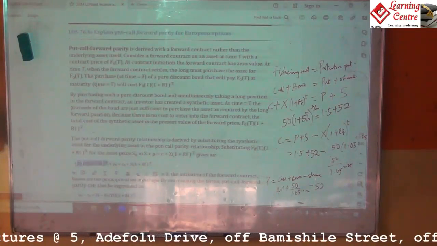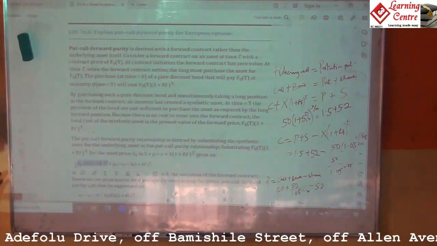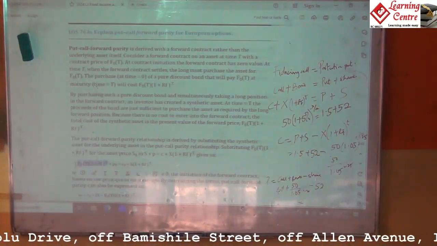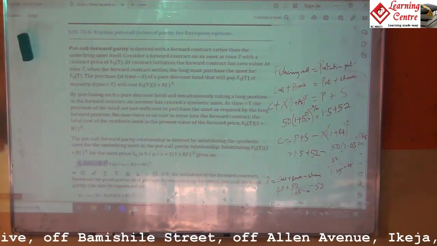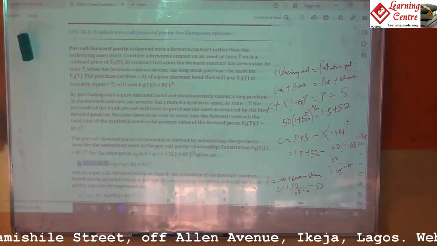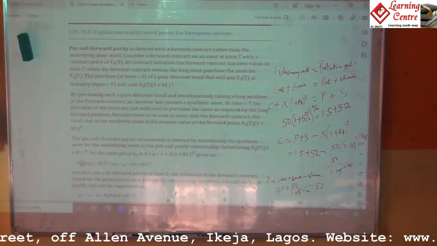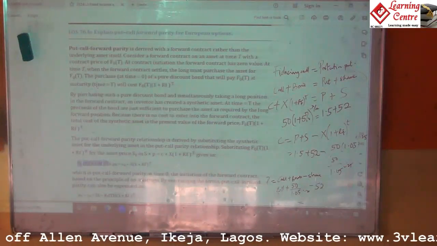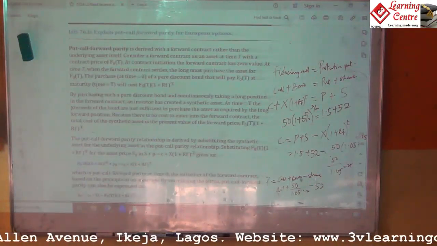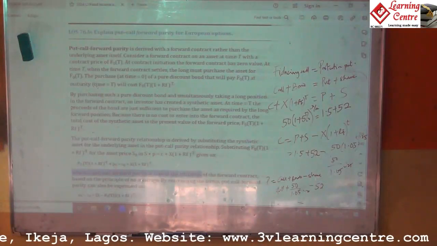The only thing this forward is doing, same formula you used before. The only difference is that now instead of share, you now have forward. But that forward has to be discounted because it is not the current price. It has to be discounted to present value. So you have F0(T) times (1 plus RF) to the power minus T, which is put call forward parity at time 0.